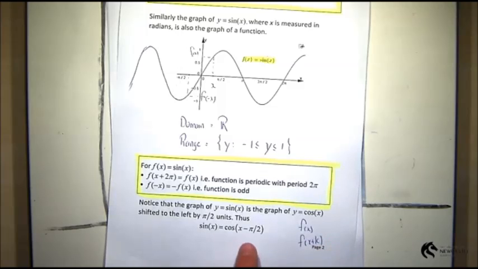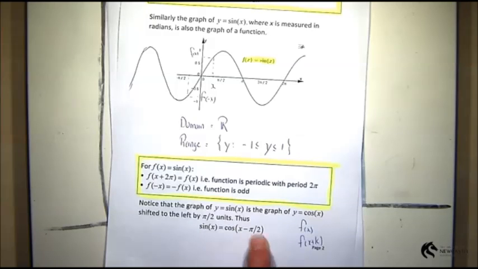So here, I want to move to the right by pi on 2. So the sine graph is the cos graph moved to the right by pi on 2 units. So that's the algebraic way of saying the graph's shifted across.